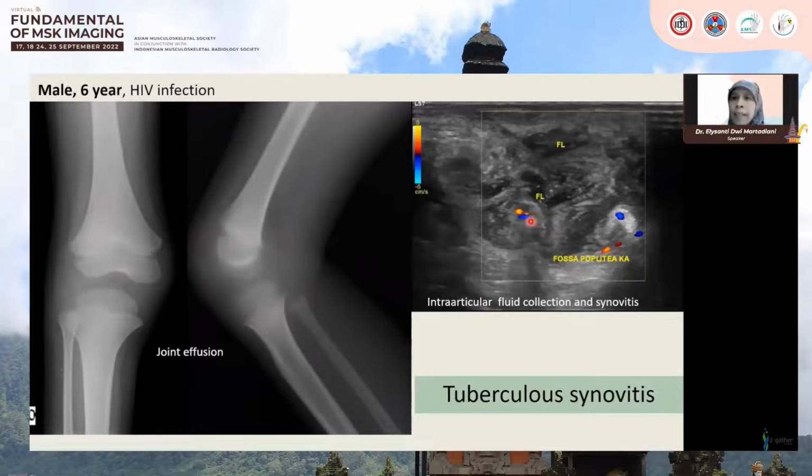From ultrasound, we can see marked proliferation of the synovium and also fluid collection at the posterior joint space. And when we apply Doppler examination, we can see increased vascularization of the synovium. This condition is consistent with synovitis.